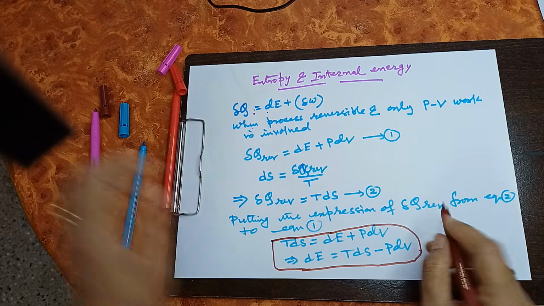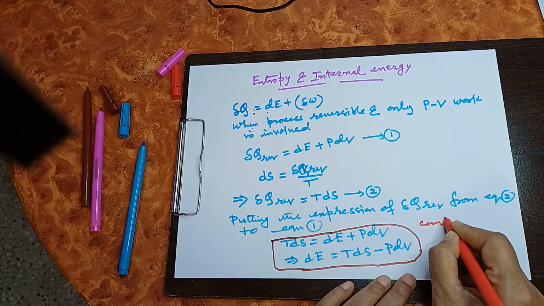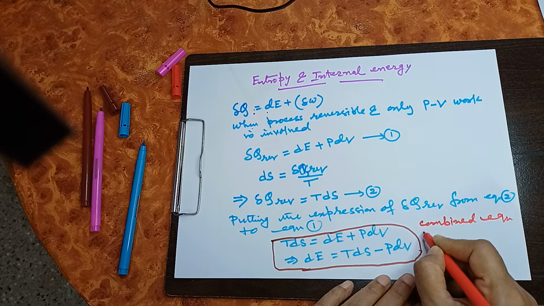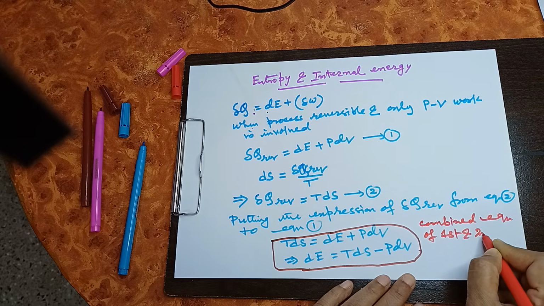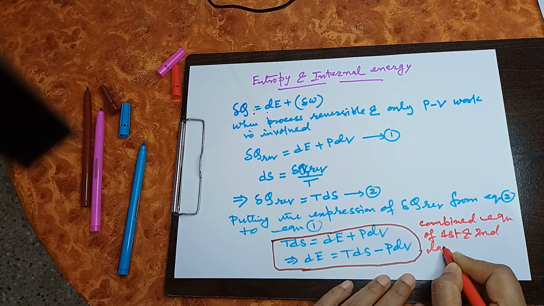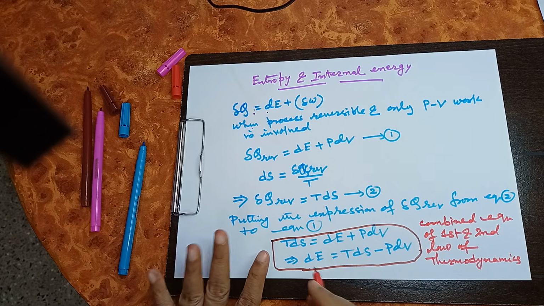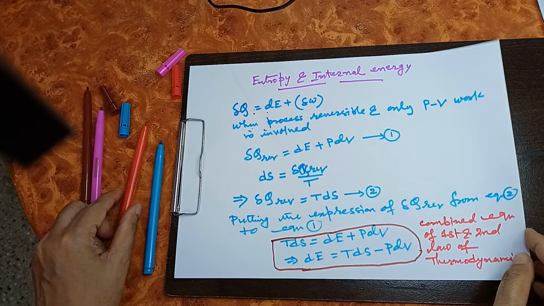So this is the combined equation of the first and second law of thermodynamics. Okay, so this is the relation between entropy and internal energy.